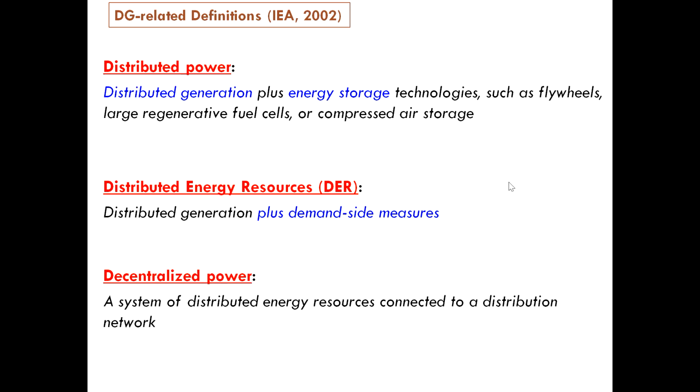Decentralized power, again, these definitions are really very much related. You may say that they are talking about pretty much the same thing. But it is a good idea just to know that there are these different definitions and how they classify the various aspects of distributed energy resources.